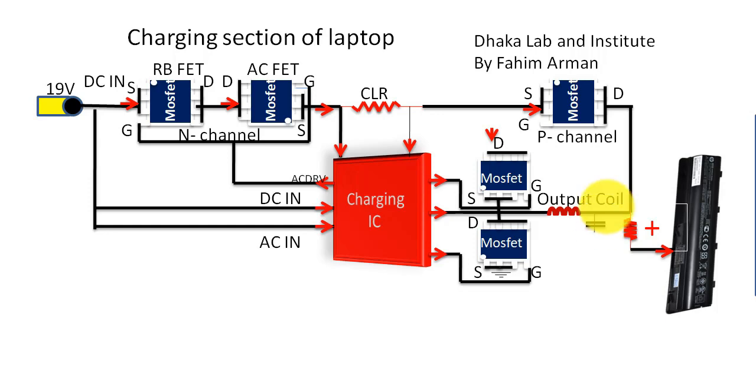Then the voltage will go through a resistor, also called the current sensor resistor, and through this resistor the voltage will enter into the battery, and by this process the battery will be charged.